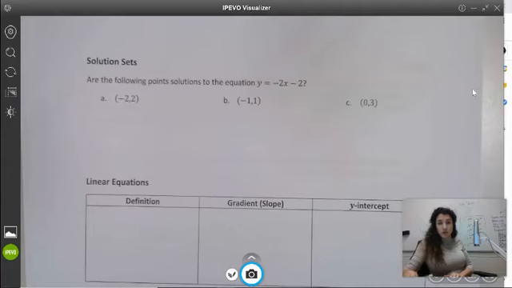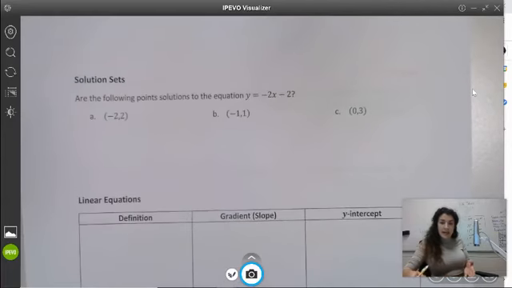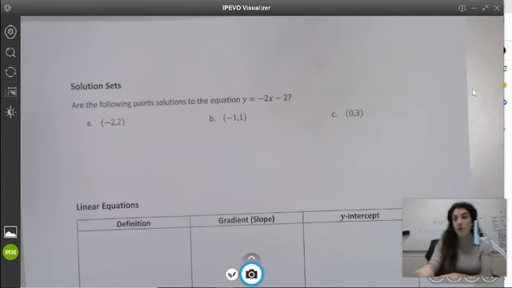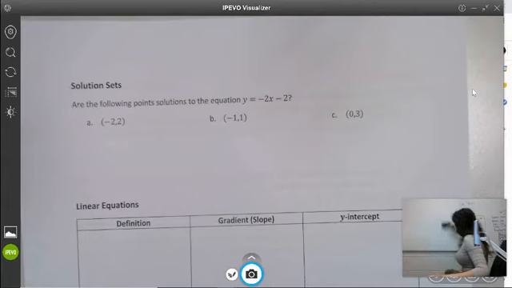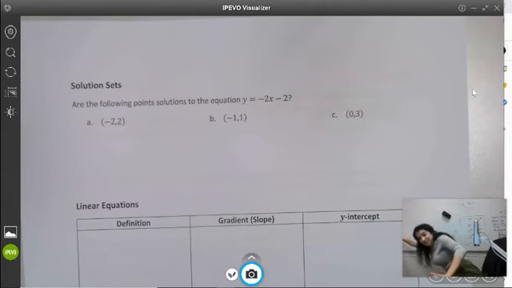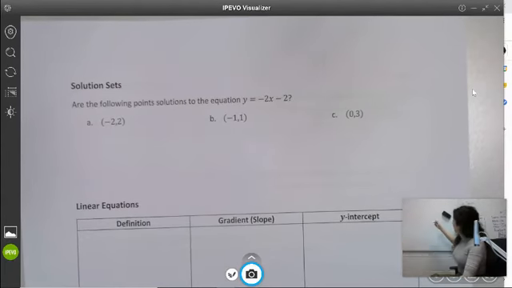First of all, though, we talk a lot about solution sets. Realize that a line, any graph, is always an infinite number of points along that graph. So if you were to draw a graph on a coordinate plane, you have anything that looks something like this. This just means it has infinite points that are all lined up along this graph.